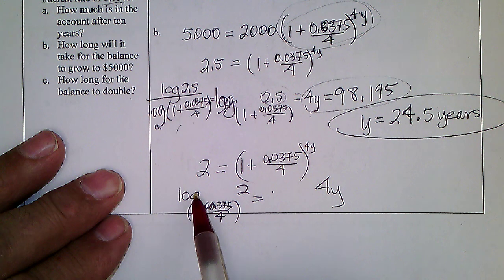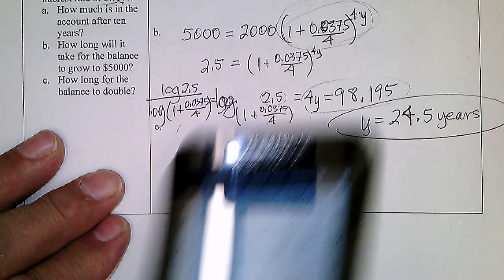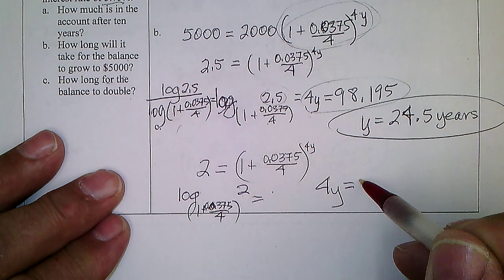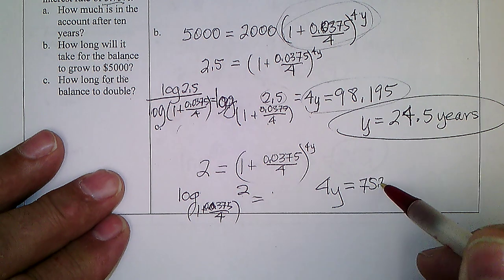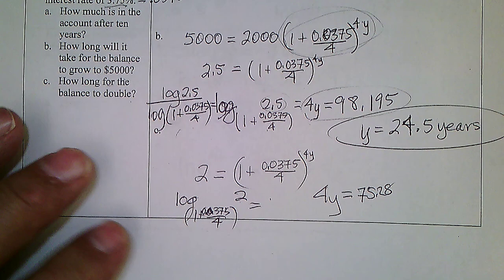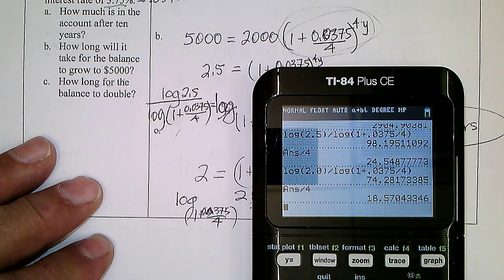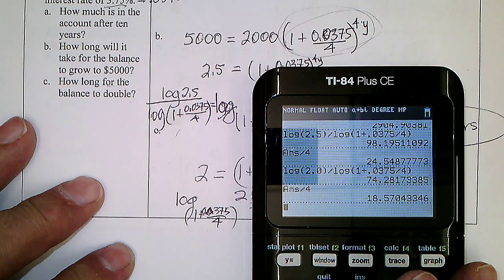And so I do the log of 2 over the log of that, which is what I did here. And so that's what 4y is, 75.28. And then I have to divide that by 4. And I get 18.6 years.